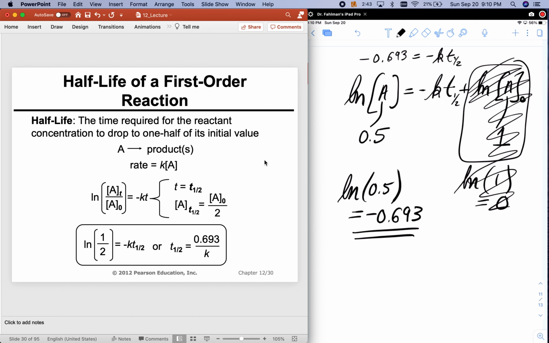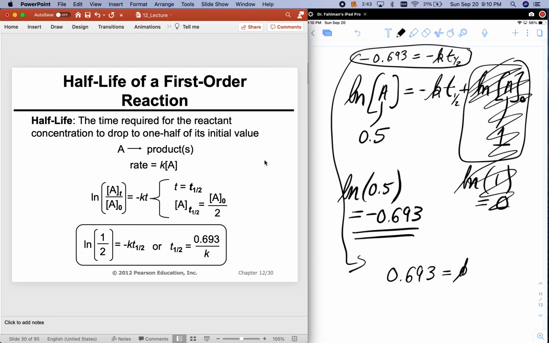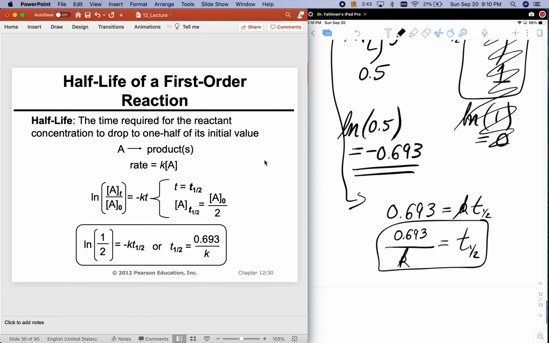The negatives go away, and so that expression simplifies to, sorry for all the scribbling here, 0.693 is equal to kt, or t is equal to 0.693 divided by k. So that's your half-life. T 1/2 is 0.693 divided by k.